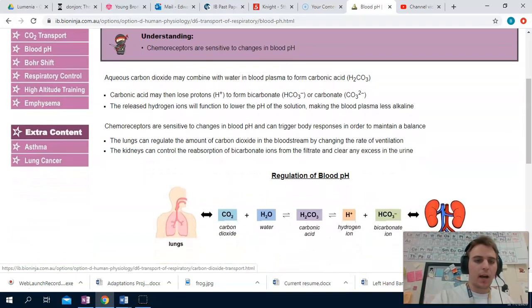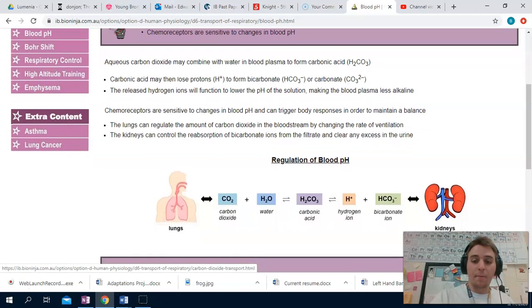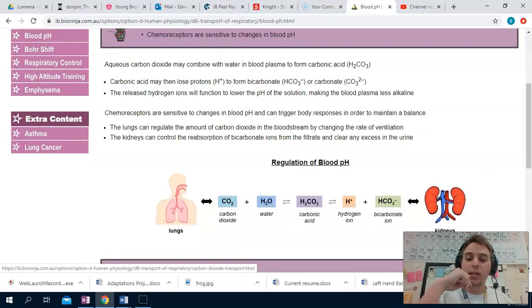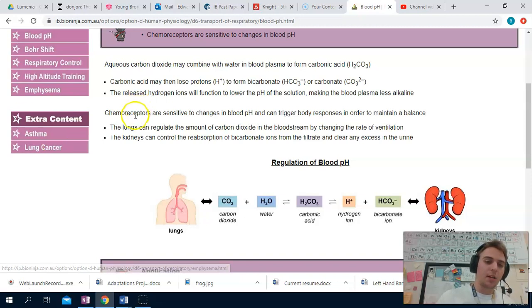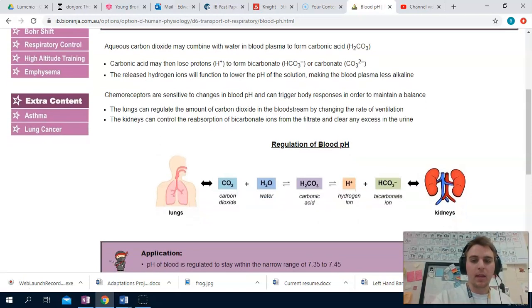The interesting thing off the bat about blood pH is that not only does the blood become more acidic because of carbon dioxide, like we talked about in the last video, but also that there are chemoreceptors in your body that are sensitive enough to changes in the blood pH to trigger body responses in order to maintain that balance, in order to maintain homeostasis. The lungs regulate it by amount of ventilation.